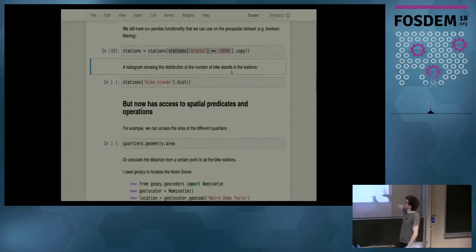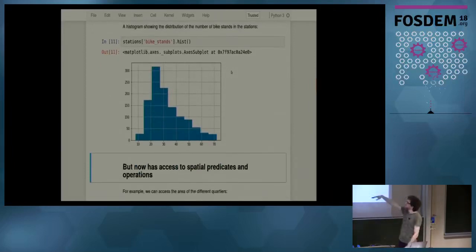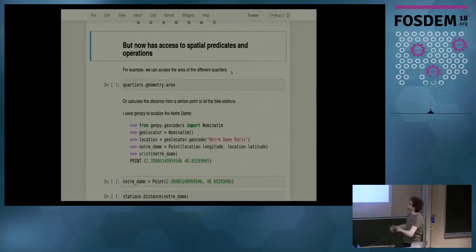Or that's one of the other abilities of Pandas to quickly visualize some of their attributes. For example, here is the number of bike stands in all the stations, so you see a distribution of them. But since it's now a geodata frame, you also have access to all the typical operations and predicates that are available in GEOS.